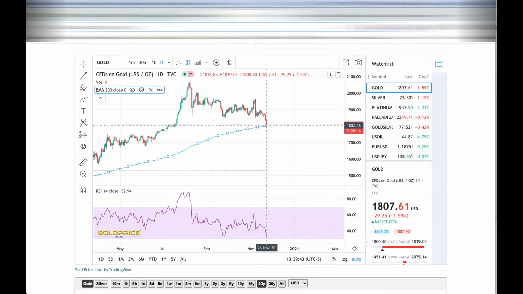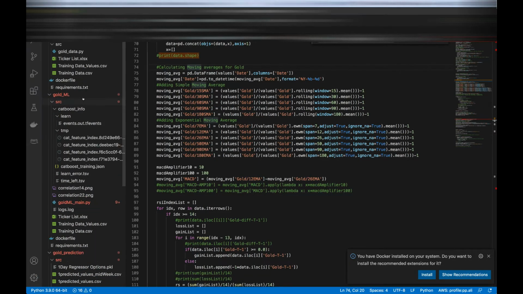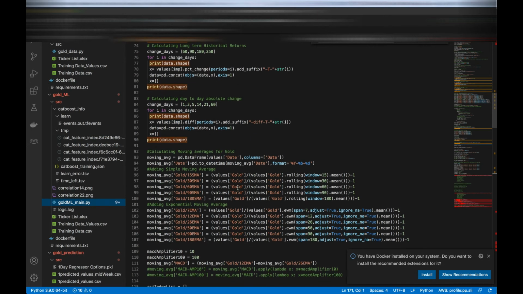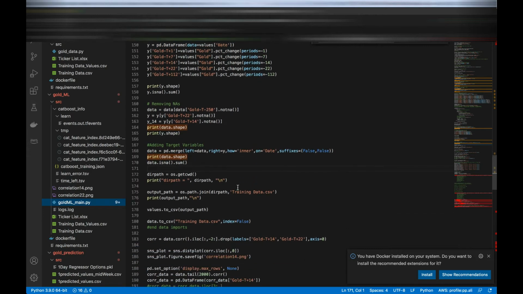I have the formula. I use the formula in my code. Let me see. I have it here in my gold data, in gold ML. I calculate the RSI because I did this yesterday.